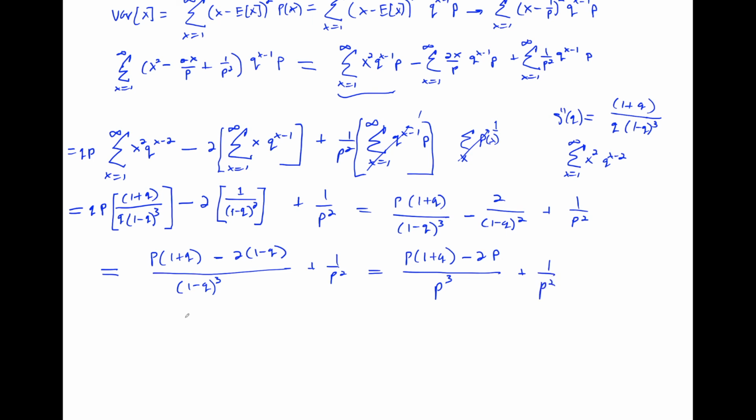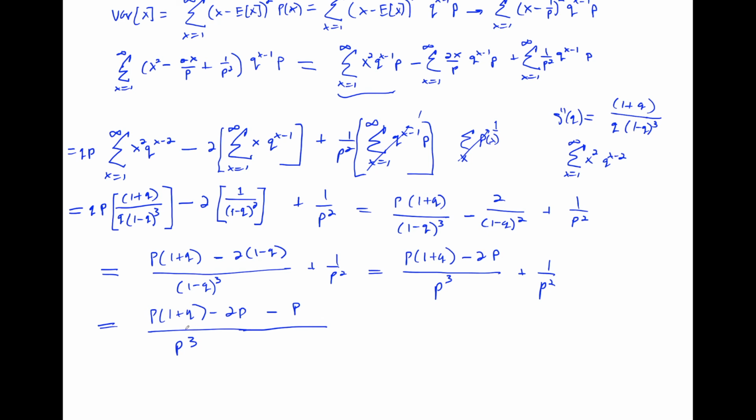All right. So now that we've done that, we're almost done here. We're going to combine these two terms. The lowest common denominator is p cubed. Here we have a p squared, so that's going to become p times 1 plus q minus 2p upon p cubed. And that next term is going to be a minus p. Okay. So now we put them all together.